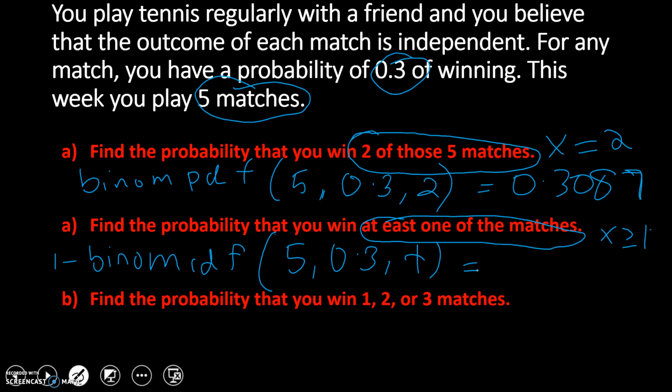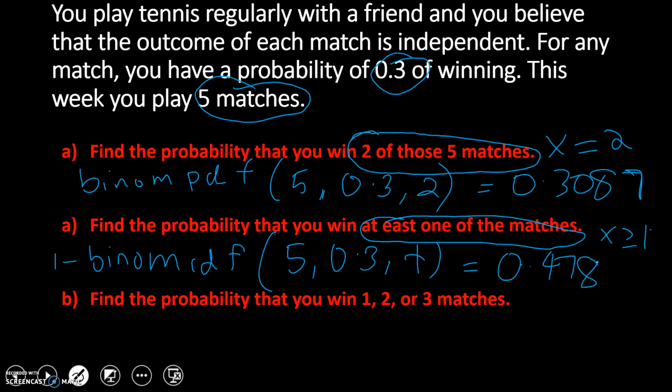On the calculator, second vars, down to B, trials 5, probability 0.3, outcome 1. My answer is 0.478.